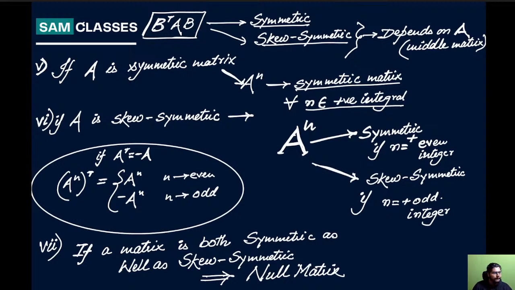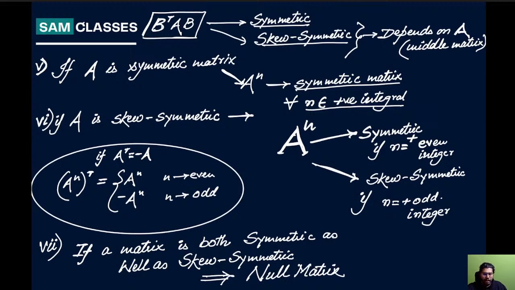Clear everyone? Now this second one is again very important. If A is a symmetric matrix, then A power n is symmetric if n is a positive integer. Means if A is symmetric, you put A square, A cube, A power 4, directly you can say symmetric only.